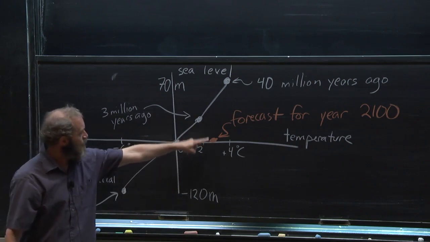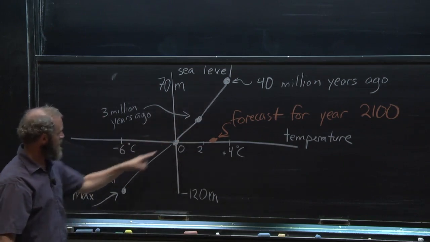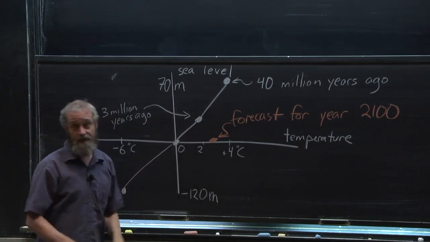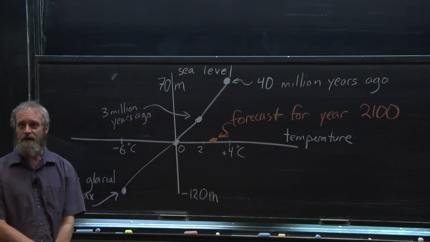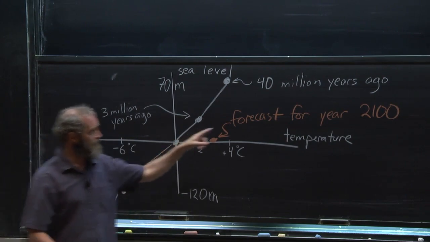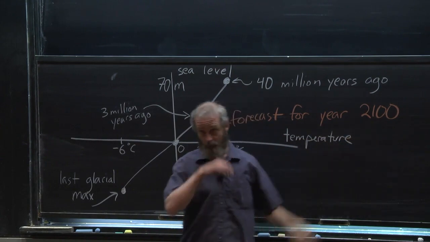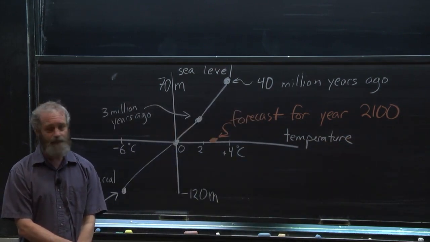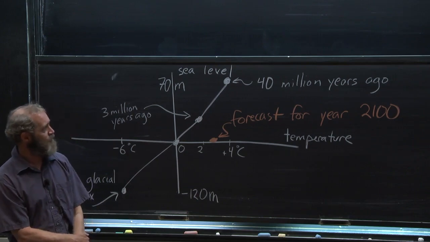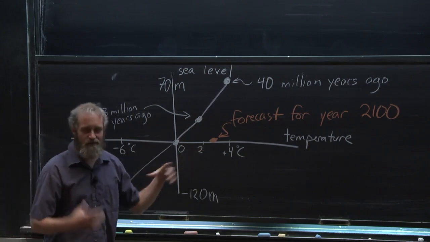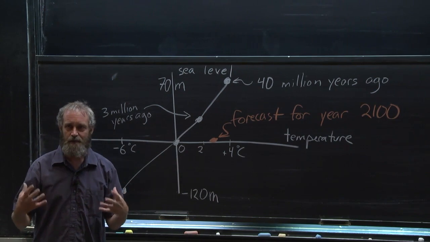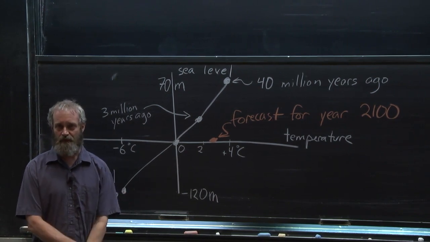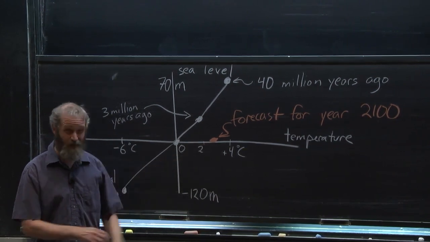So this is totally off of this line from the geologic reconstructions, and the reason why is because it takes a long time, longer than just from now to the year 2100, hopefully, to melt the major ice sheets. And so the forecast for year 2100 doesn't really capture the time scale of the problem of the ice sheets, and that's why this forecast is a little bit deceptive.